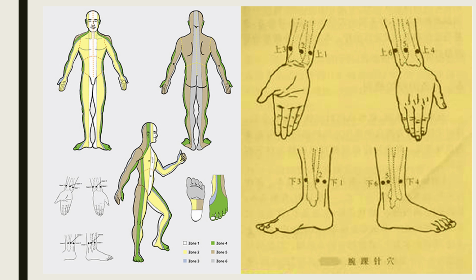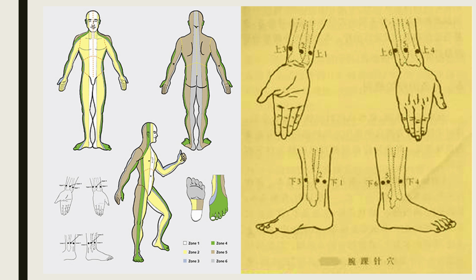This technique is convenient, safe, easy to understand, easy to perform, and it has very good clinical results. Wrist and ankle acupuncture therapy uses filiform needles to stimulate subcutaneous tissues of the areas around the wrist and ankle to treat diseases of the whole body. Depending on the area of disease manifestation along the 6 longitudinal areas of the body, one of the 12 points is chosen around the wrist and ankle.